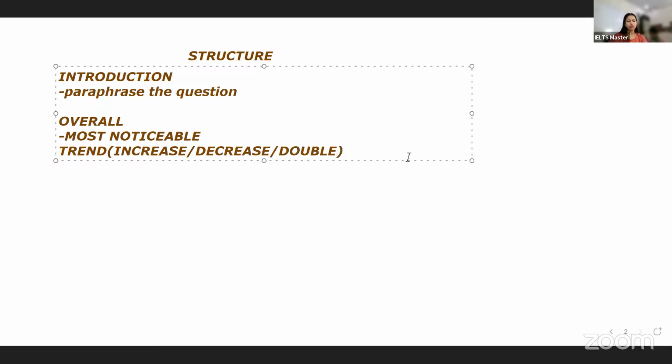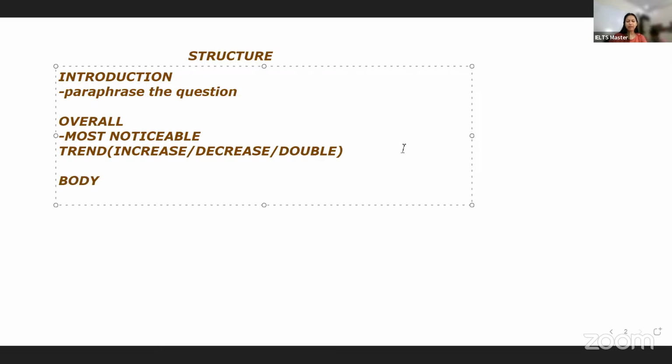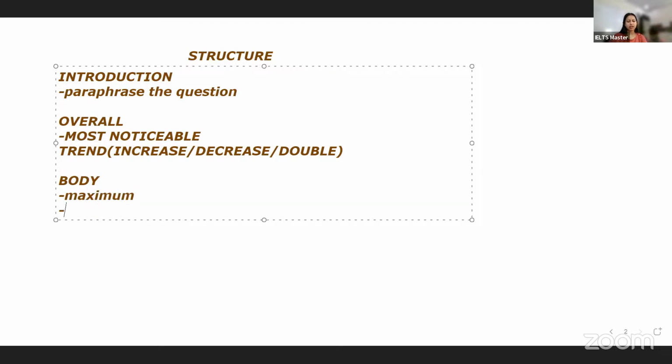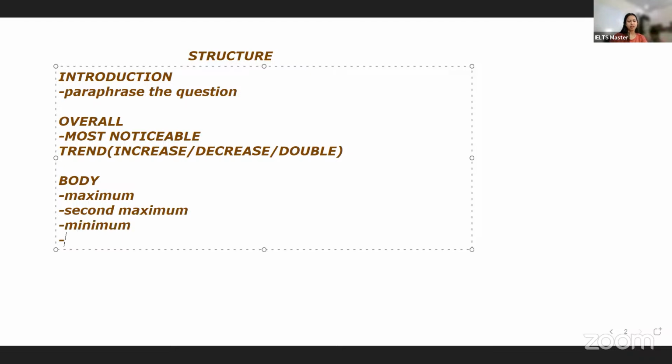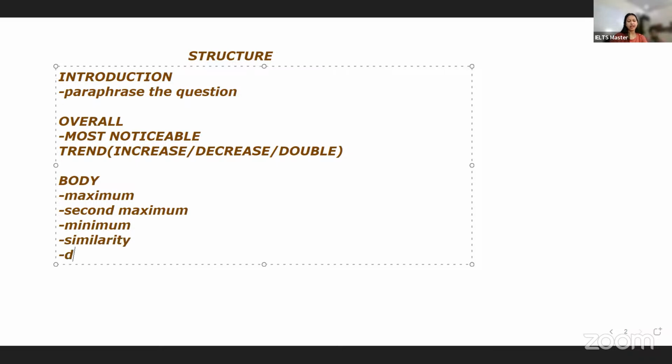If I say about body paragraph, then in body paragraph, we have to write all the points. What is maximum? Second maximum. Minimum. Similarity. Then difference.